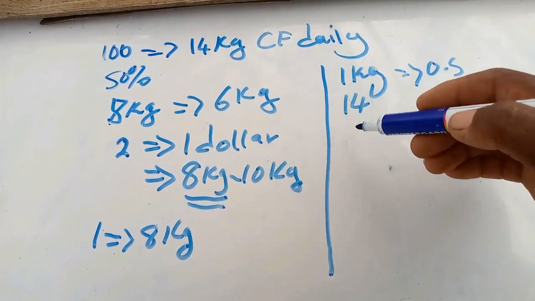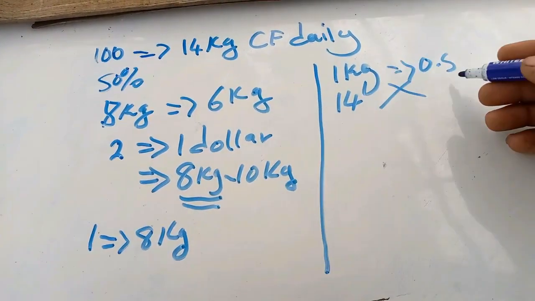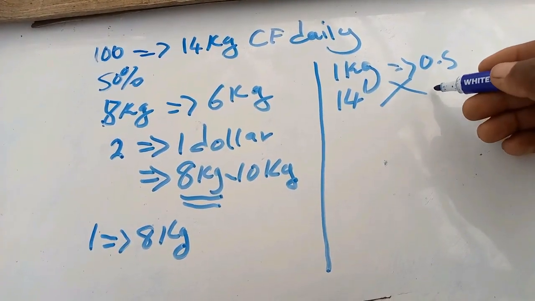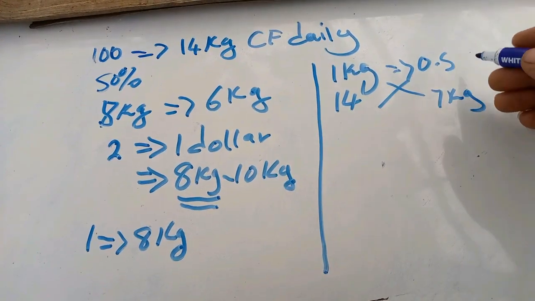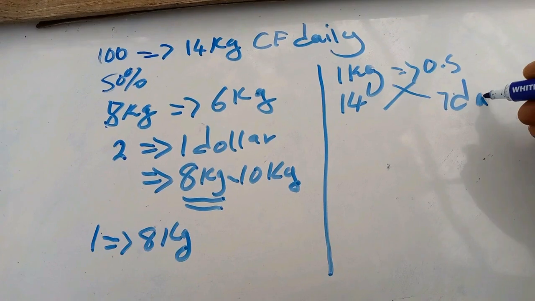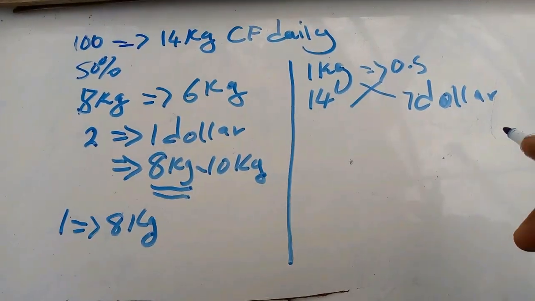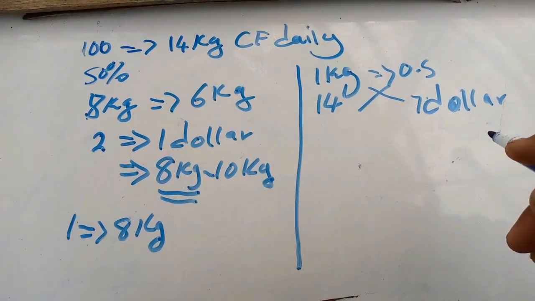So what about 14 kg of the feed? What we are getting here is $7. So this $7 is what you use without hydroponic fodder.